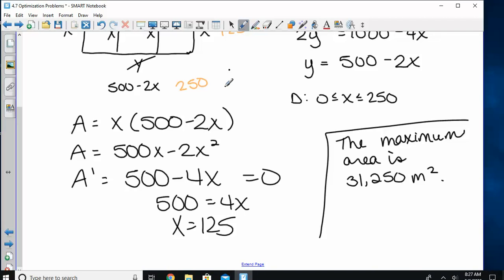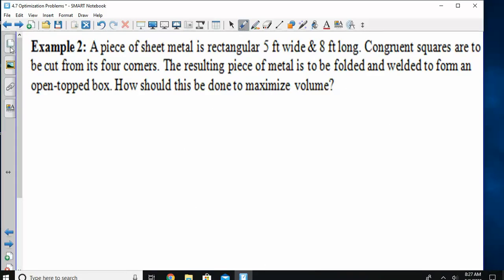Let's go ahead and look at the next one. Alright, we did problems like this last year in college algebra. I gave you different information, so it always turned out to be something easy to solve, but now we can expand on that. So a piece of sheet metal is rectangular, 5 feet wide and 8 feet long.